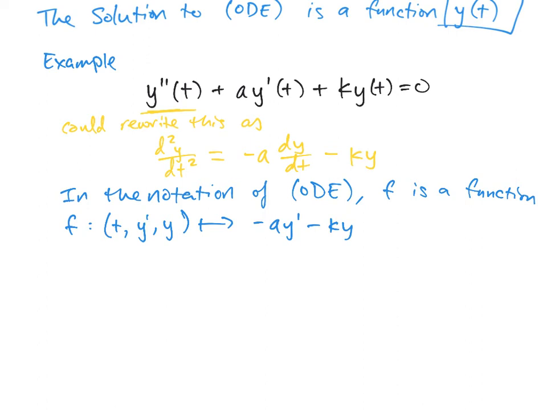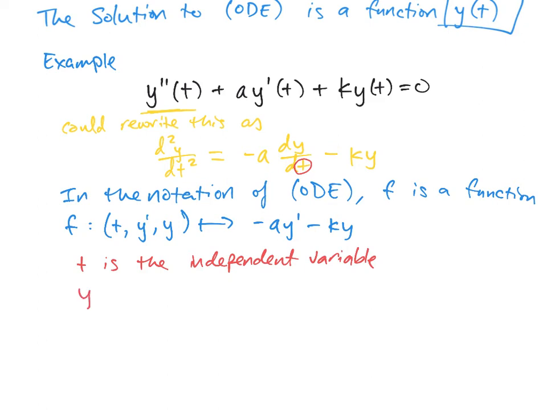Let's say that t is the independent variable because that's the variable with which we take our derivatives. So it's the independent variable up in our derivatives there.